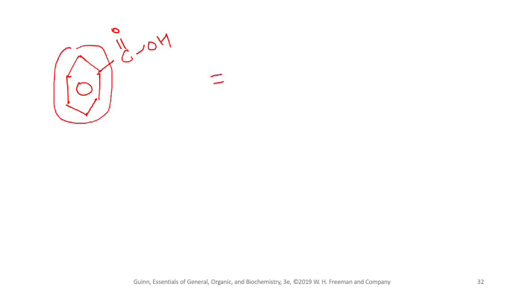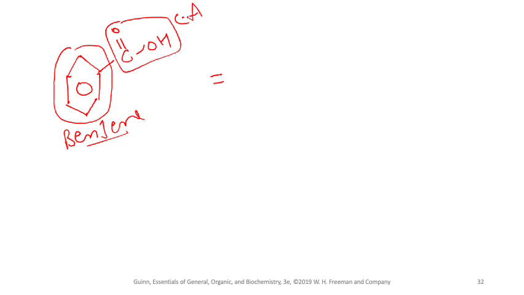So let's do some more examples on the carboxylic acid. What's the name of this one over here? This is a benzene. And what's this? This is a carboxylic acid.